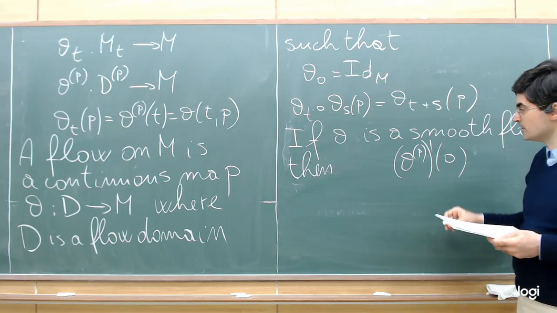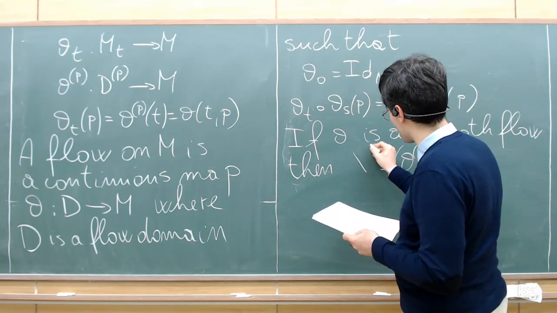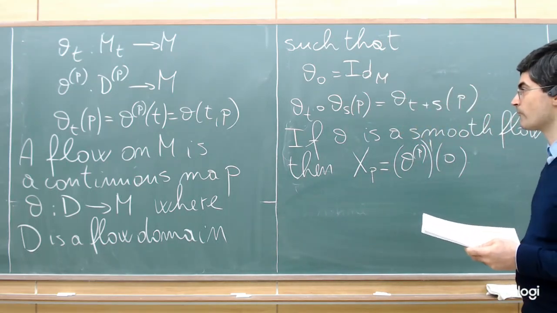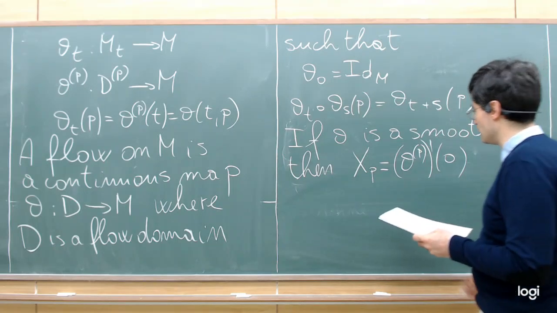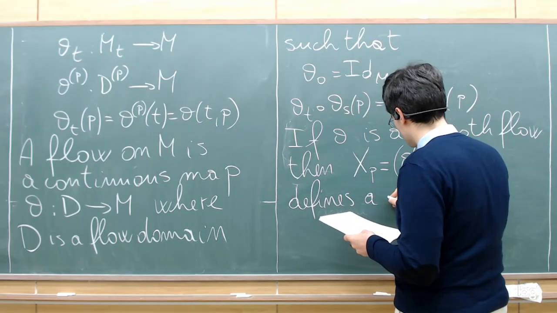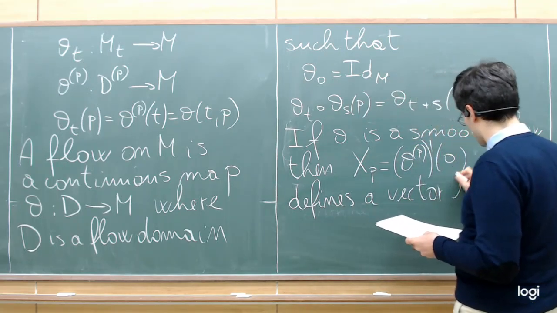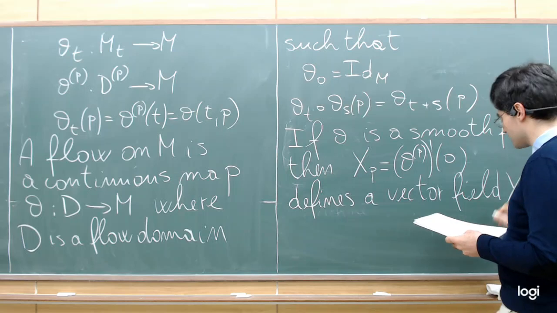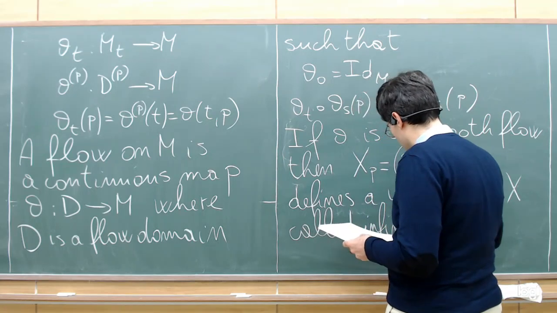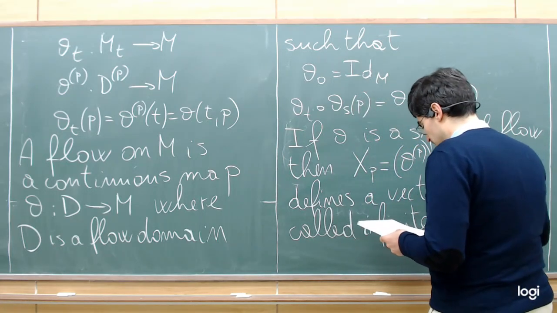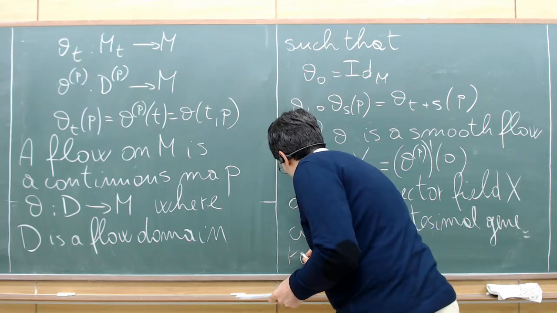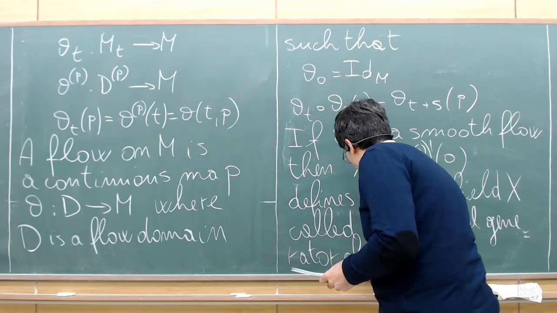This is a vector, of course, which defines a vector field X called the infinitesimal generator of theta.